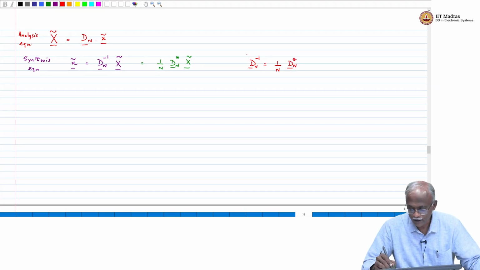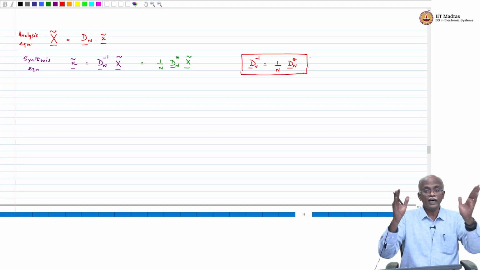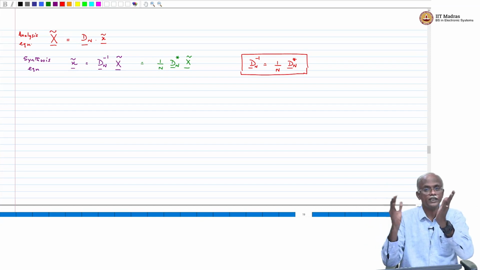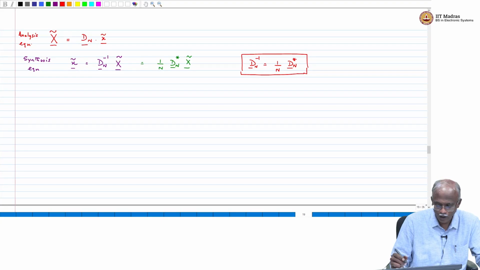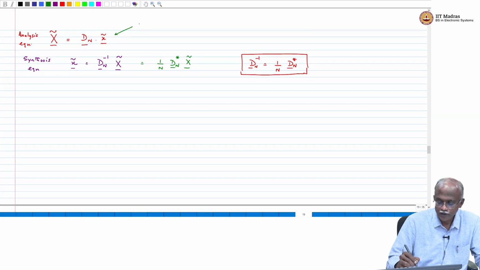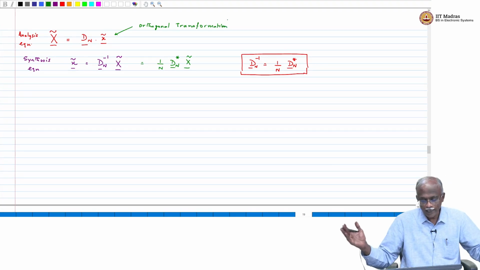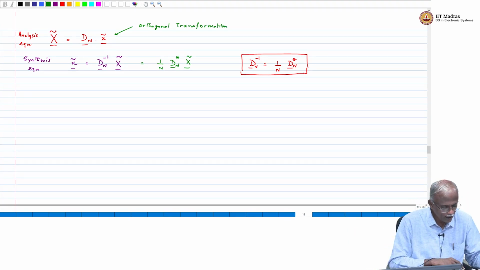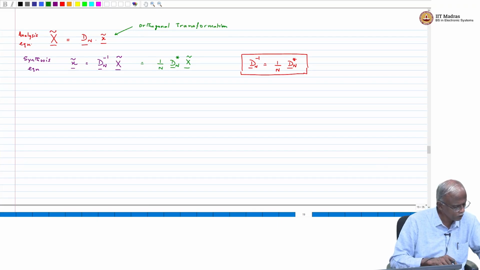Because the matrix and the matrix inverse are conjugates, or Hermitian, of each other, this is called an orthogonal transformation. So the discrete time Fourier series can be viewed as an orthogonal transformation, and therefore it has a very useful interpretation.